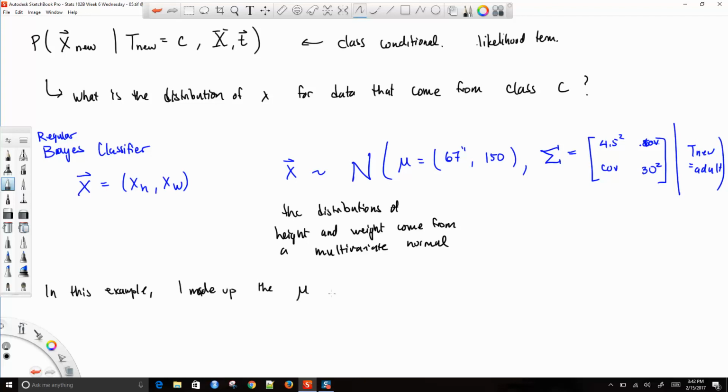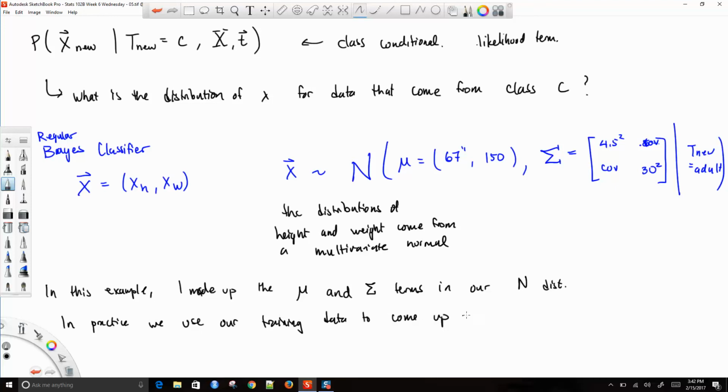the mu and sigma terms in our normal distribution. And in practice, we use our training data to come up with mu and sigma.